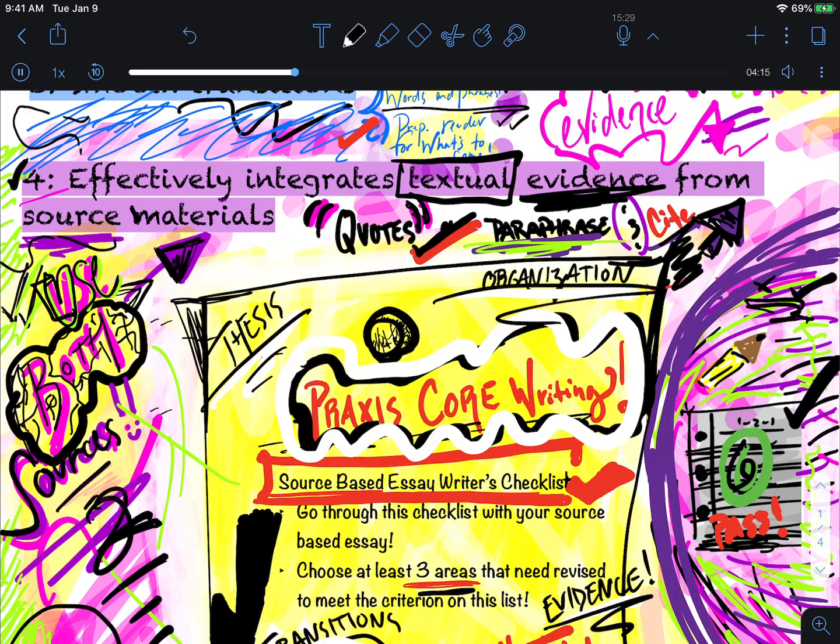So that would mean you could refer to the author within the sentence itself and then use quotation marks and a parenthetical citation at the end. Or you could lead in with the text reads, quotation mark, put your quote in that supports, then end with a quotation mark and do a parenthetical citation, saying what the author's last name was or perhaps the page number.